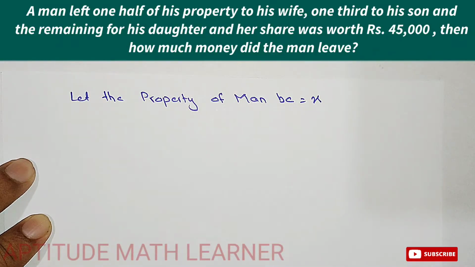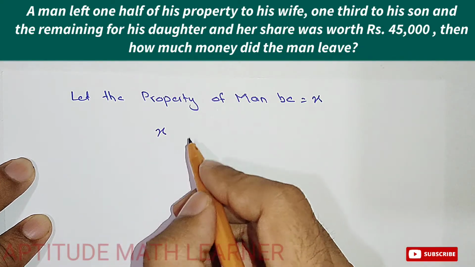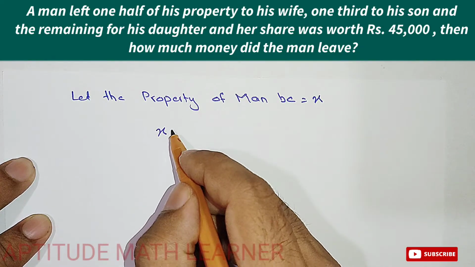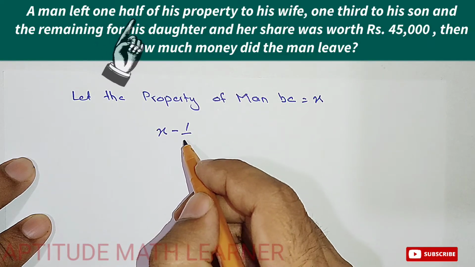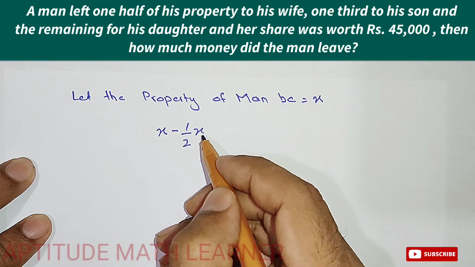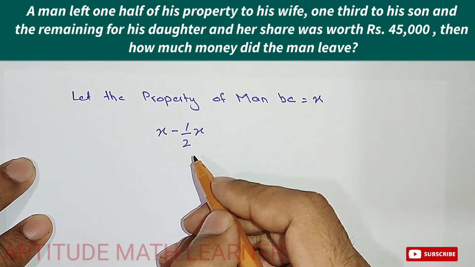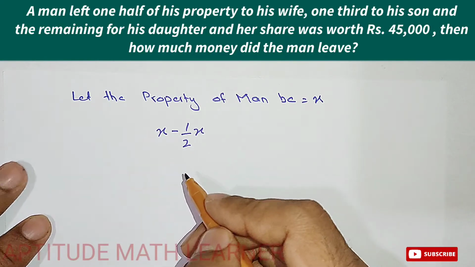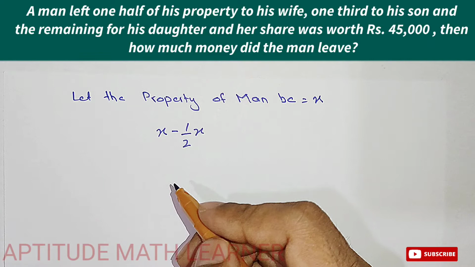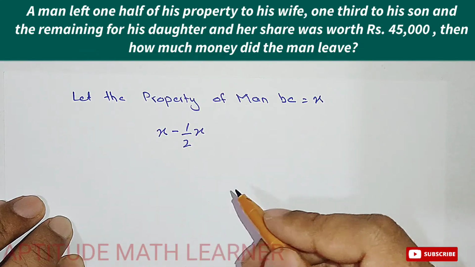So this X represents the total property, and 1/2 X means that half of the property he gives to his wife.